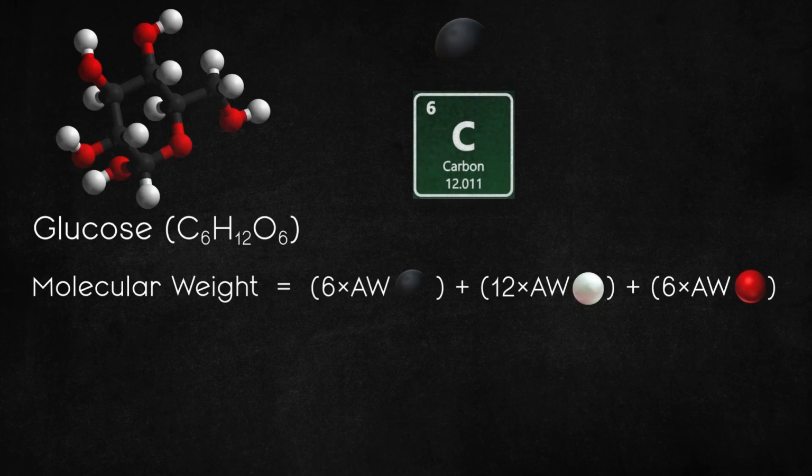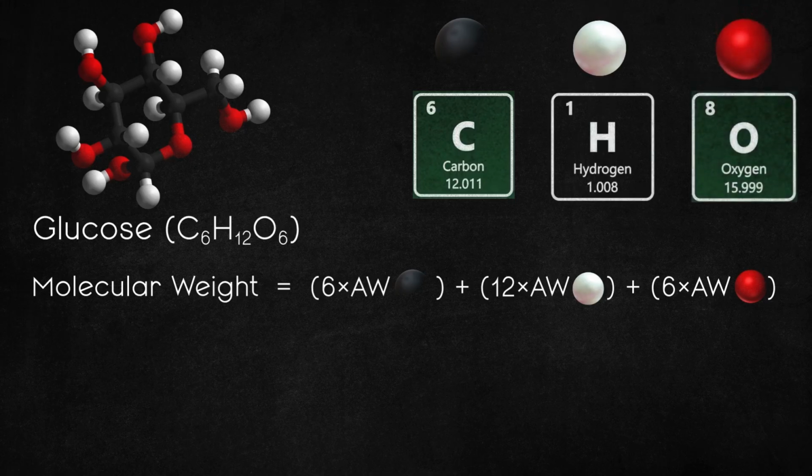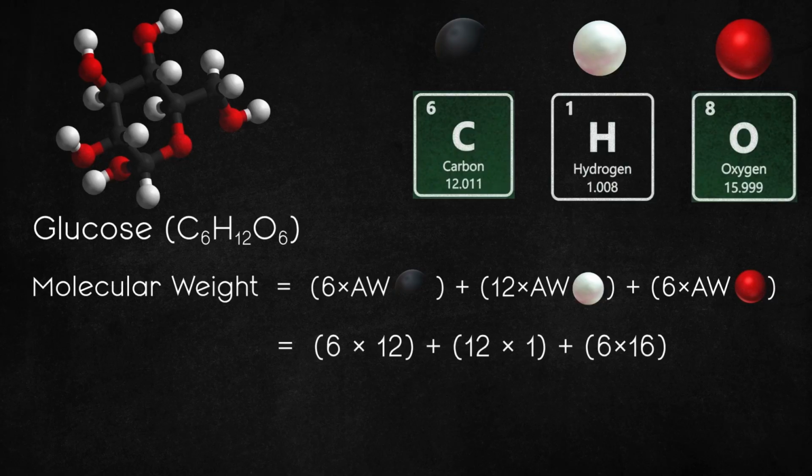The atomic weight of carbon is 12, hydrogen is 1, and oxygen is 16 atomic mass units. Substitute the atomic masses into the expression. Therefore, the molecular weight of a single glucose molecule is about 180 atomic mass units.